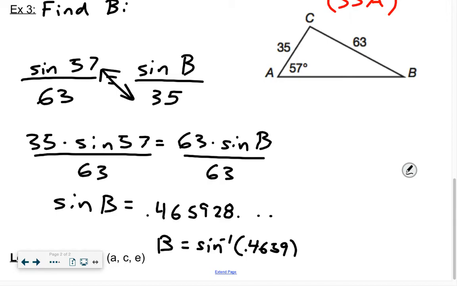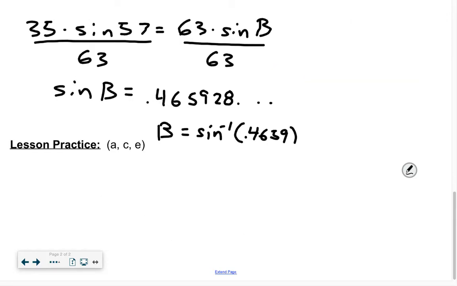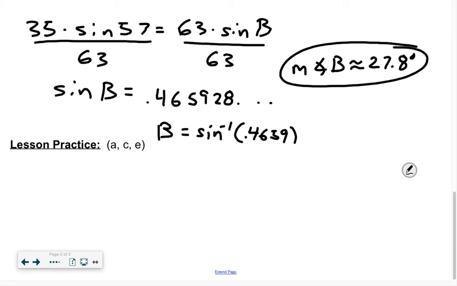So you can take your calculator, hit the inverse sine button, use your second key or your answer key. It'll plug that decimal back in there. And if we round to the nearest tenth, 27.8. If you came up with 27.8, you were good.